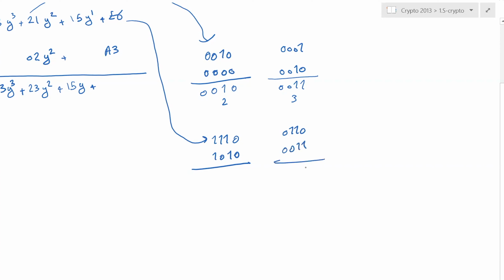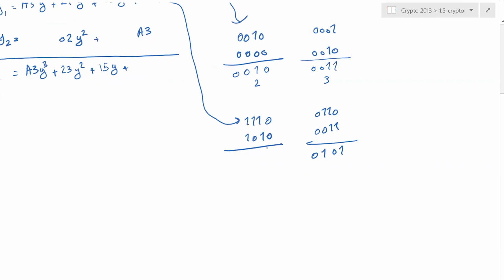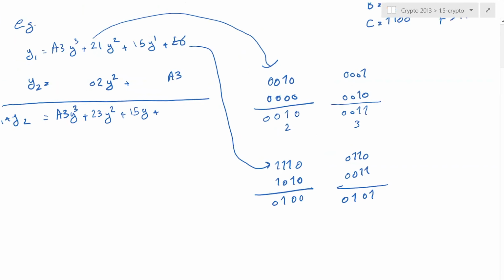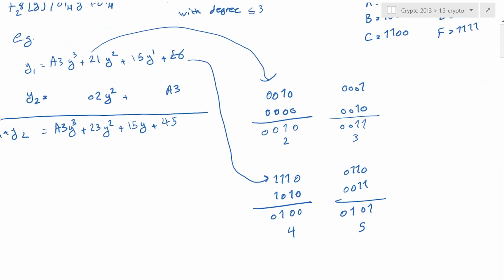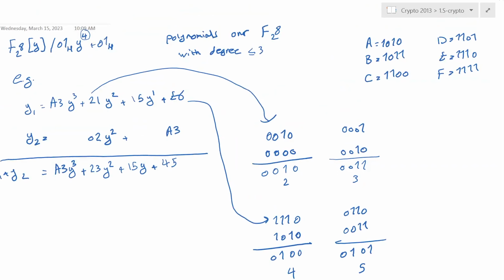So we XOR them together and we get 0100, and over here we have 0010. Together, in hex, this binary representation is 4 and this one is 5. So it would be 45 in hex representation.